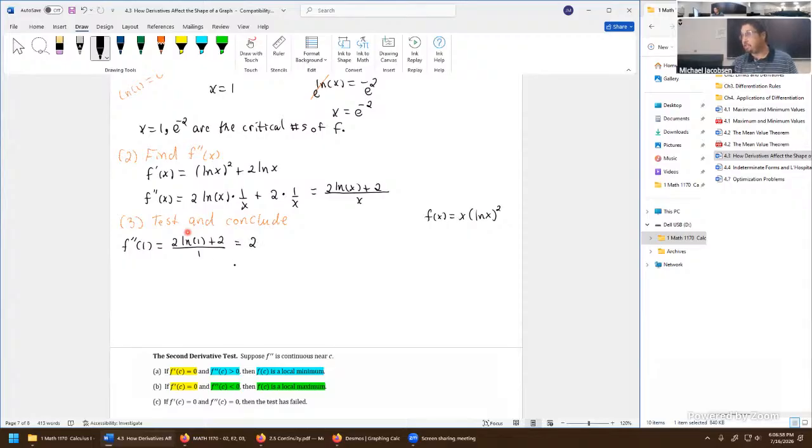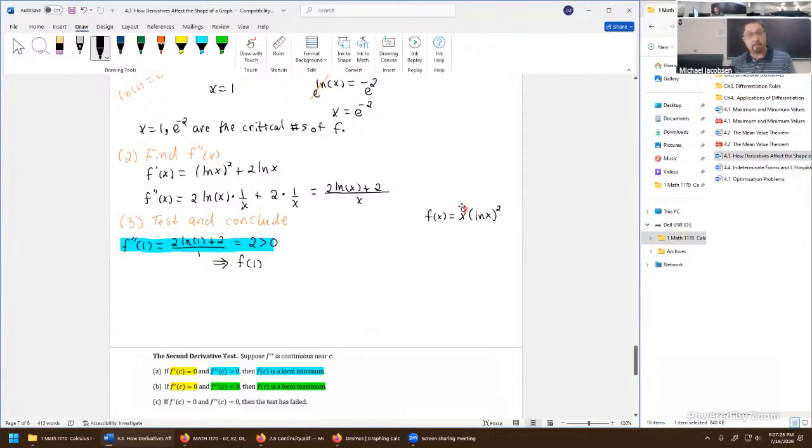A pretty fast computation, but that means it's greater than 0. Actually, let me change my color coding here. We have that the second derivative at the critical number is positive. So an immediate conclusion is that f at that same critical number, 1, is going to be a local minimum.